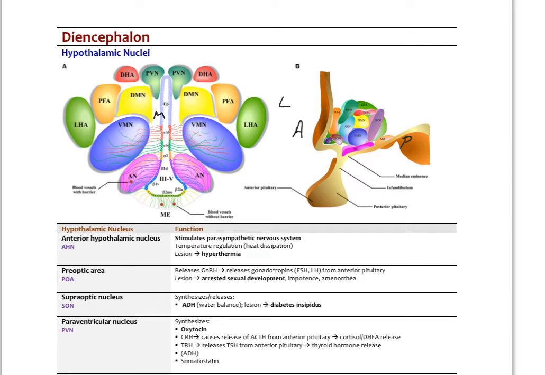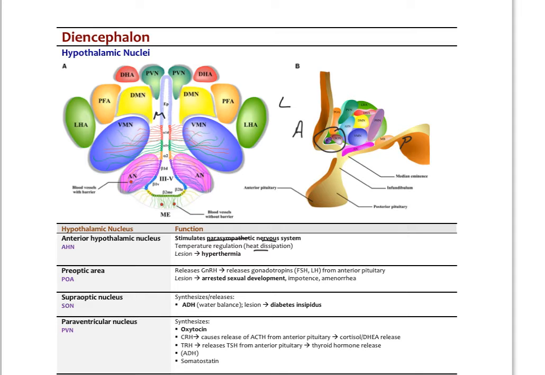So this is looking from the side, this is looking from head-on cross-section. So if we look at the anterior hypothalamic nucleus, that's going to be in the front portion here of the hypothalamus. This is really where your parasympathetic nervous system is regulated, and that's going to regulate temperature, especially heat dissipation. So lesions to this area actually result in hyperthermia.